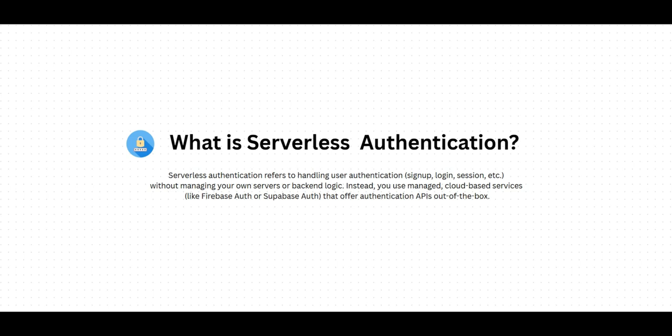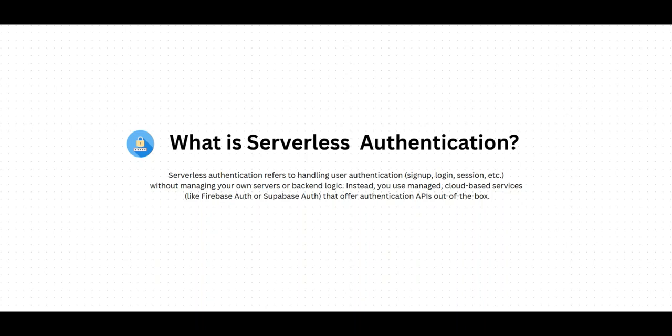This means you don't have to worry about creating the API, setting up the database, hashing passwords, or managing the sessions manually. These platforms handle all of that for you securely and scalably. So in short, serverless authentication lets you focus on your app's front end while the backend authentication logic is seamlessly handled by a service like Firebase or Supabase.